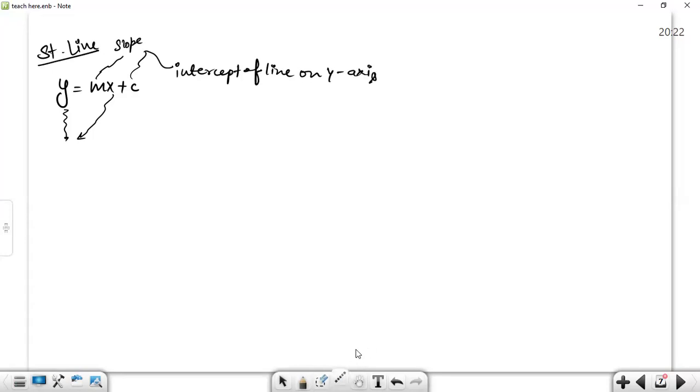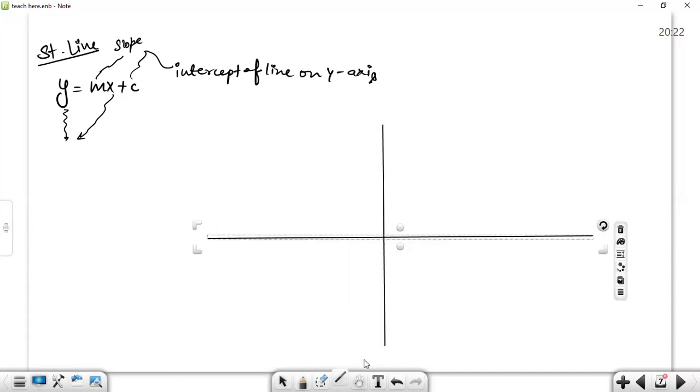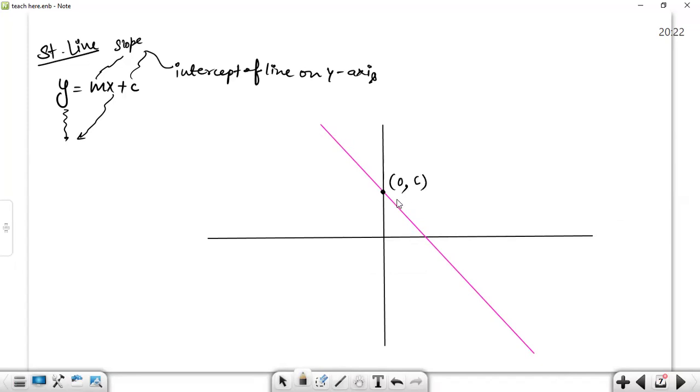So if we draw a graph, and there is a straight line which is touching the y-axis, then at the point where it is touching, the x coordinate will be 0, and there will be some point on y, like this will be some point c. This is known as the intercept of y on the y-axis.